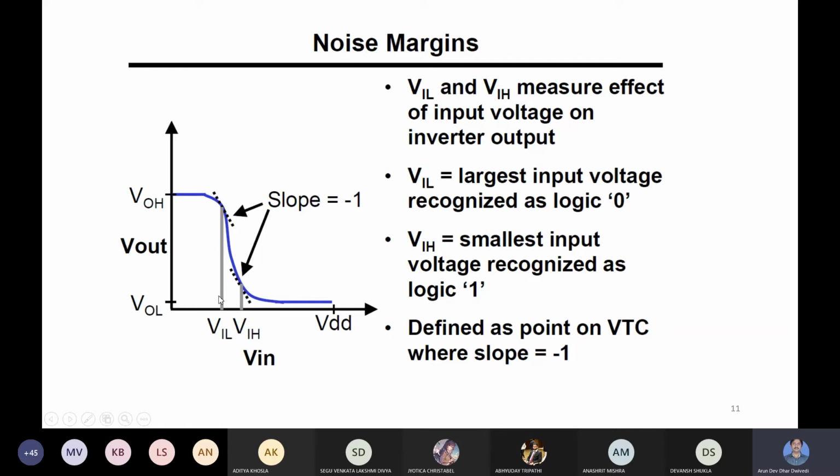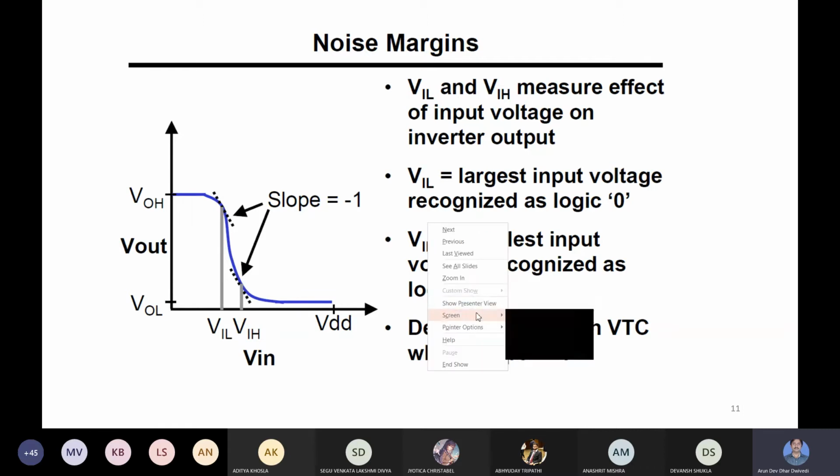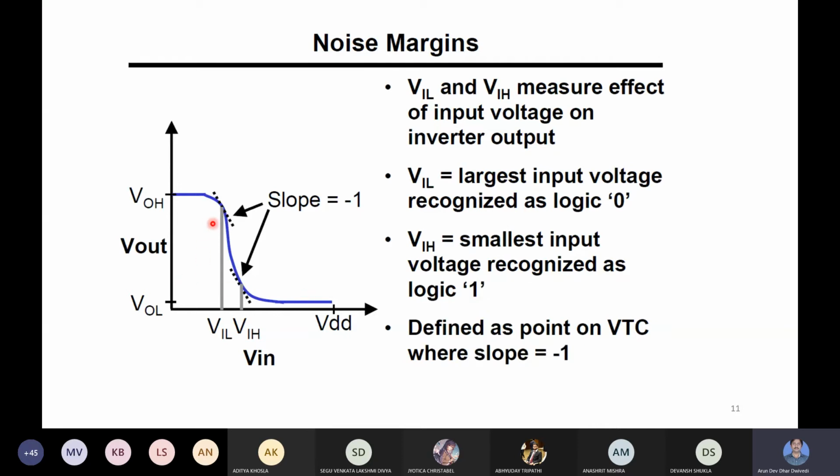If you are in the region below VIL or above VIH, then gain is less than 1. But if you are between VIL and VIH, then gain is more than 1. So this portion is not suitable for digital applications.